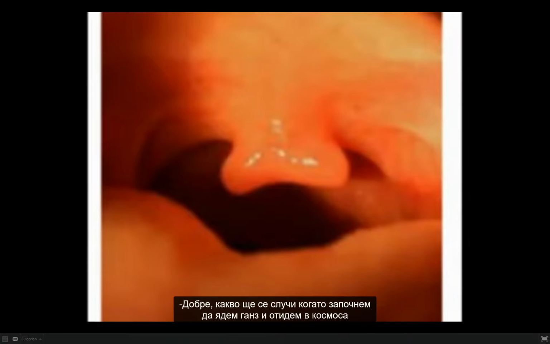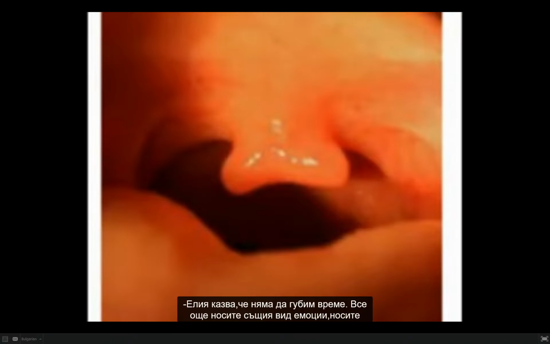What's going to happen when we start eating GMOs and we go into space? How are these structures going to change then? Oh, she says we will not be wasting time.